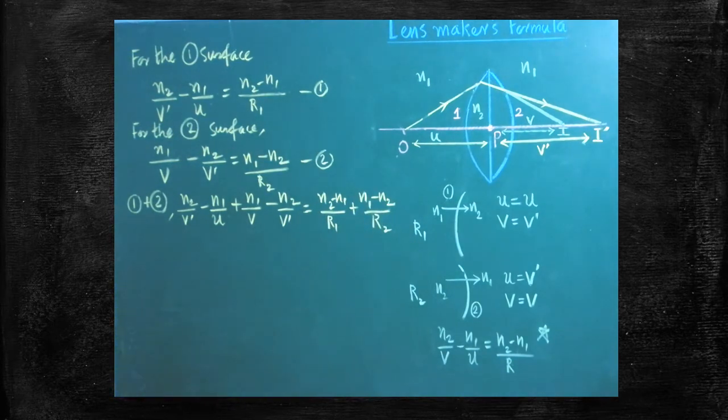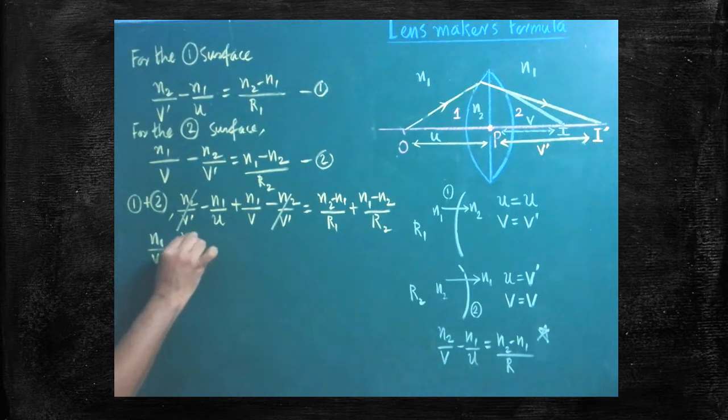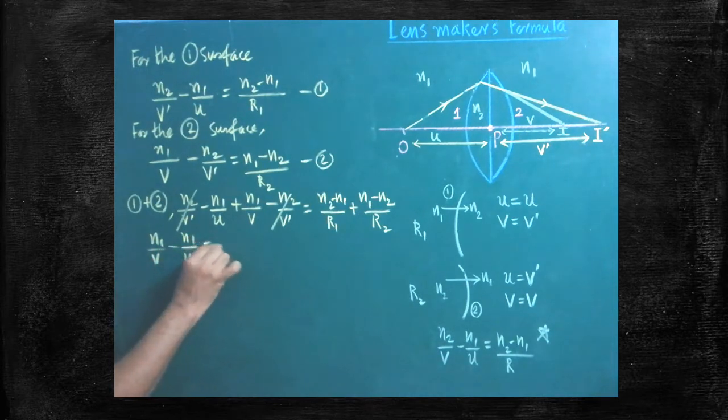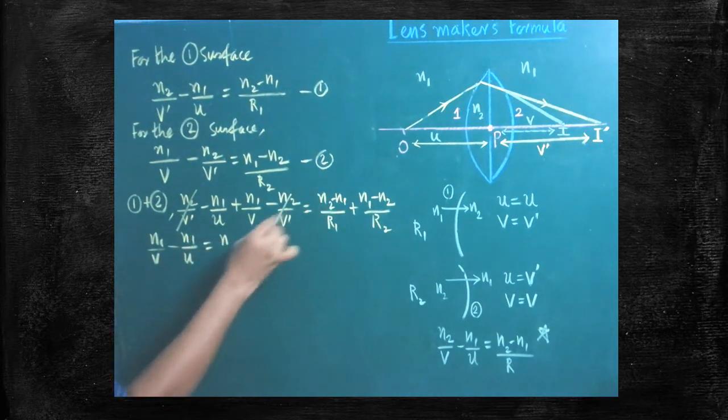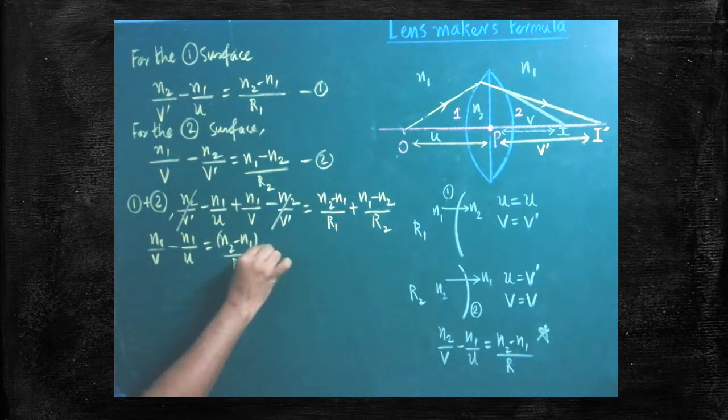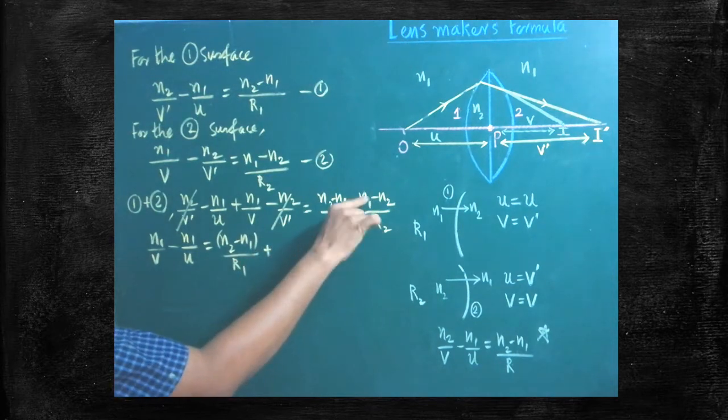So in this form we can write. Here two similar factors are there with opposite sign, therefore both of them can be cancelled. This can be written as N1 divided by V minus N1 divided by U, which is equal to N2 minus N1 divided by R1 plus, here you simply change the sign.